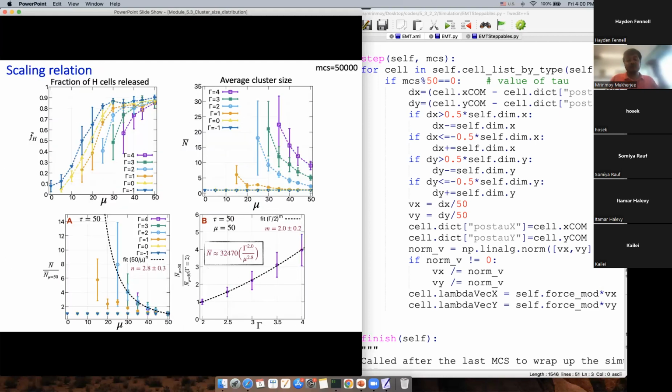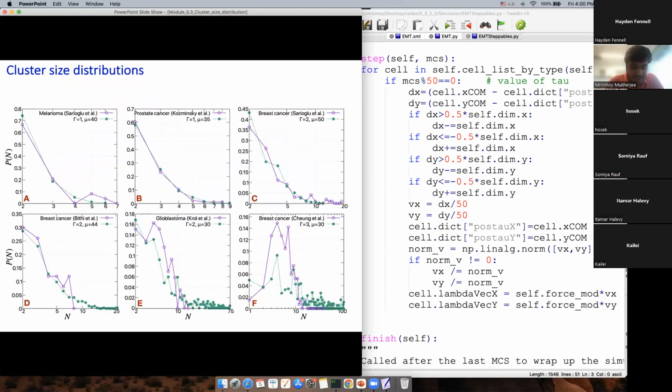So I promised you, we will compare the cluster size distribution to patient data, collecting CTC clusters from blood samples of patients with different cancer types. Here we plot some of that: melanoma, prostate cancer, breast cancer, and glioblastoma. These are the size distributions.